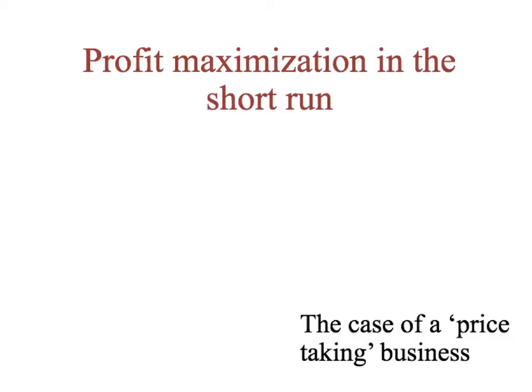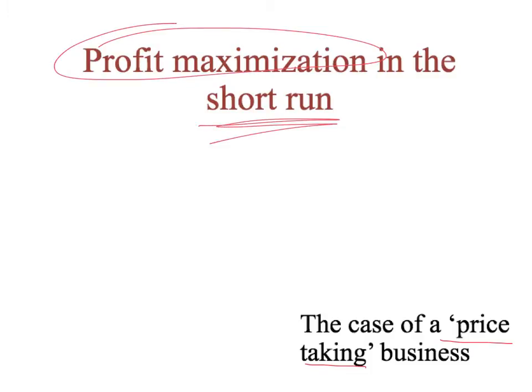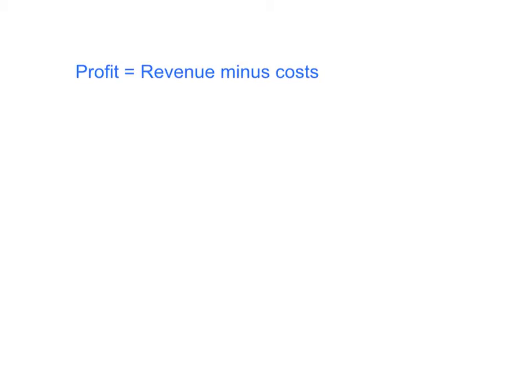So let's start off by thinking about our price-taking business and looking at profit maximisation in the short run. Remember that the profit for a firm is simply revenue minus costs, and that revenue is simply price times the quantity that the business sells.